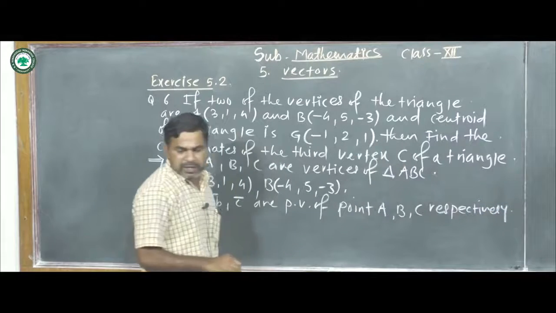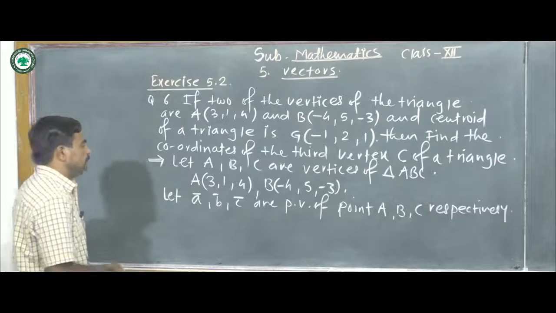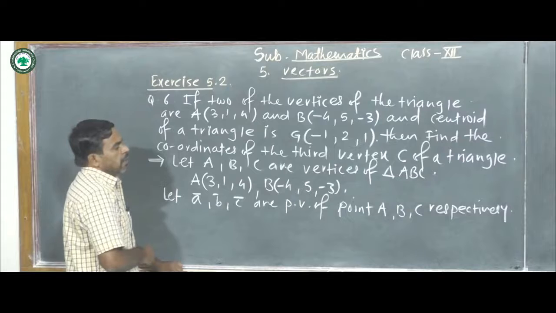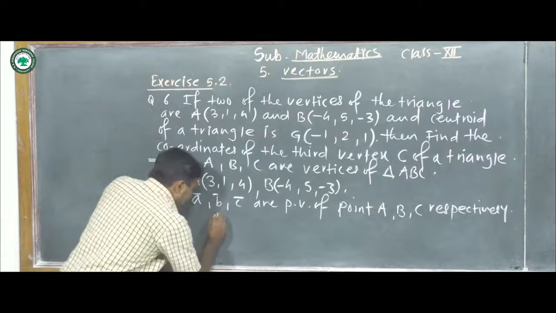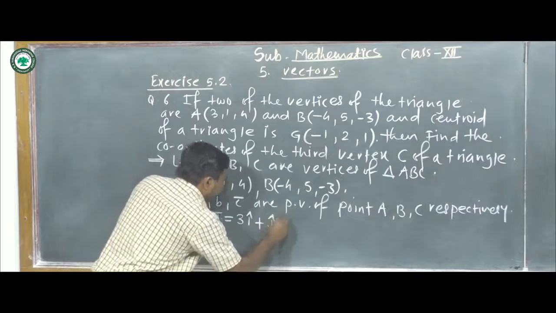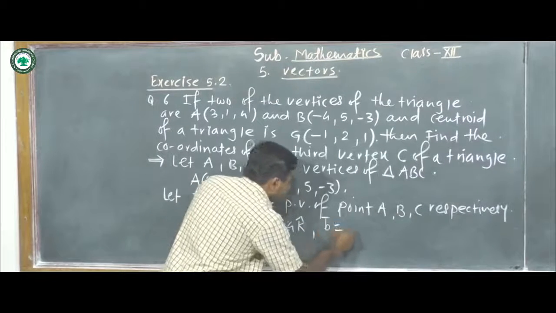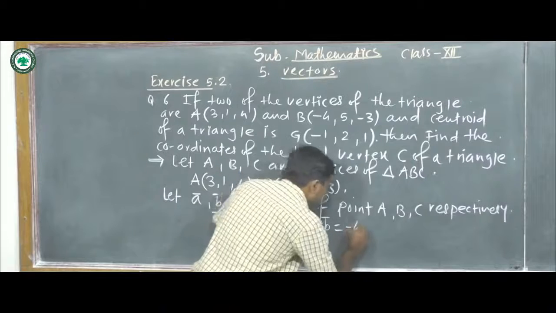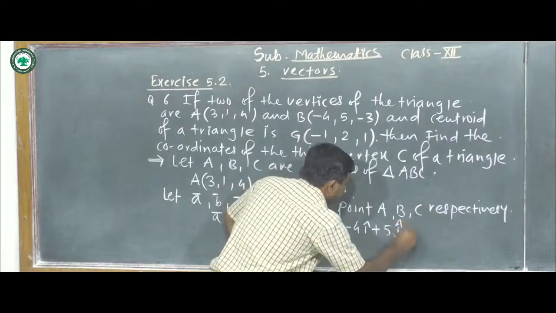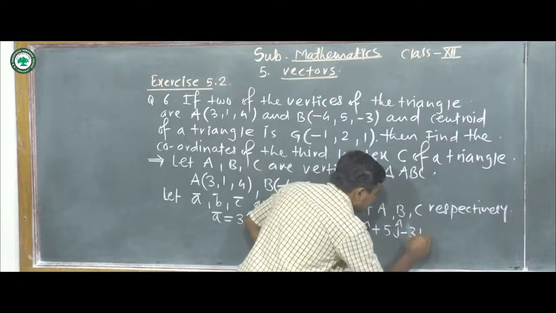So small a bar is the position vector of the point A, small b bar is the position vector of the point B, and small c bar is the position vector of the point C. So here a bar is equal to 3i cap plus j cap plus 4k cap. b bar is equal to -4i cap plus 5j cap plus -3k cap.